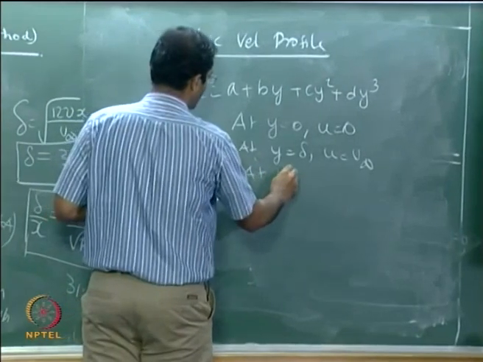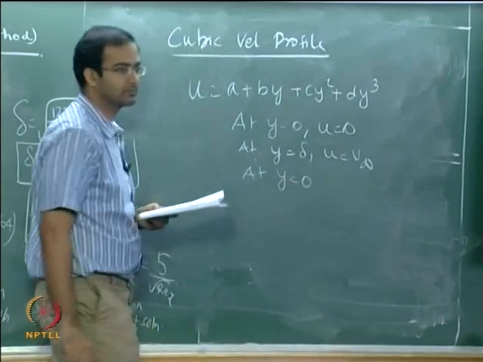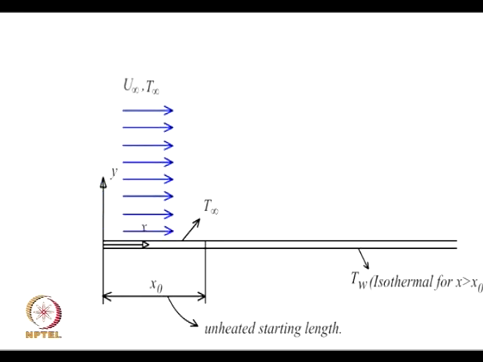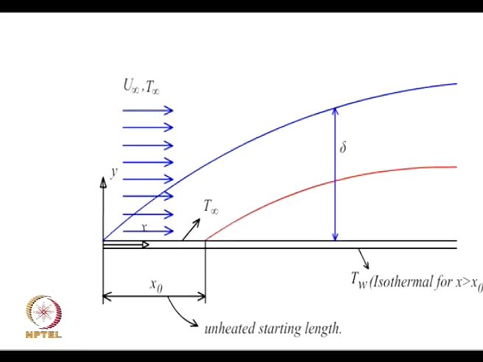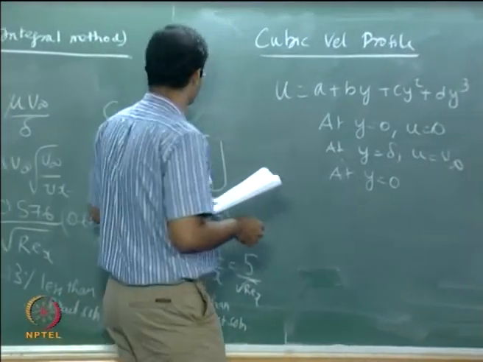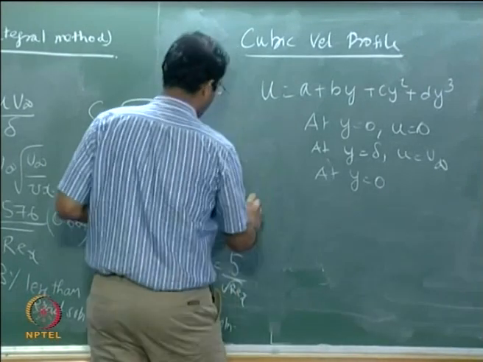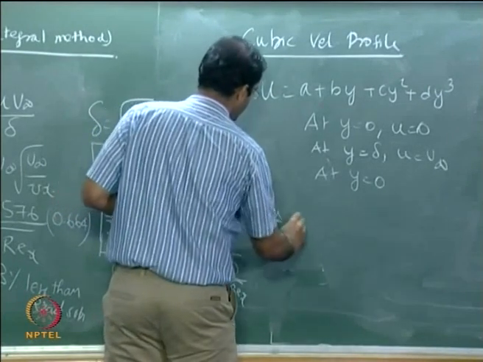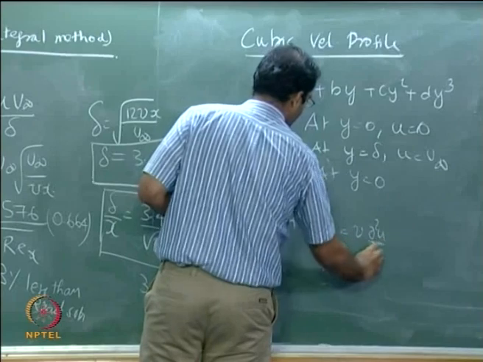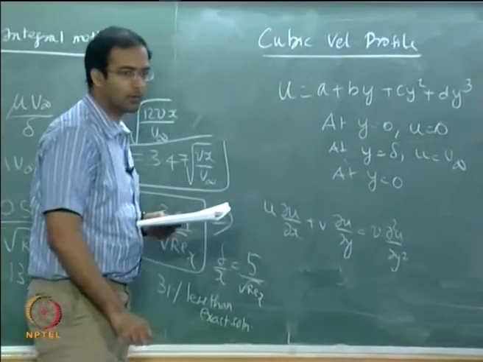At y equal to 0, rho u by dou y. So if you look at the momentum equation, u du by dx plus v du by dy is equal to nu d square u by dy square at the wall.